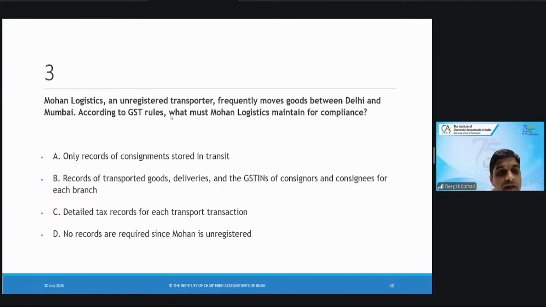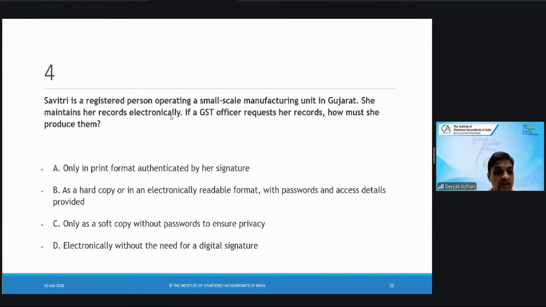Correct. Option is B, records of transported goods delivered and GST of the consignor and consignee.